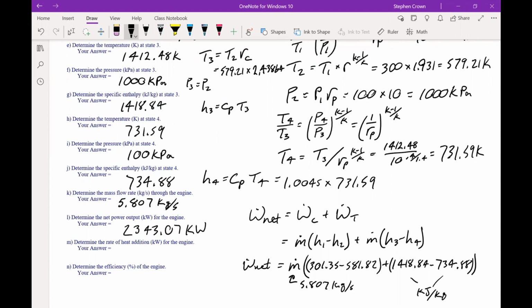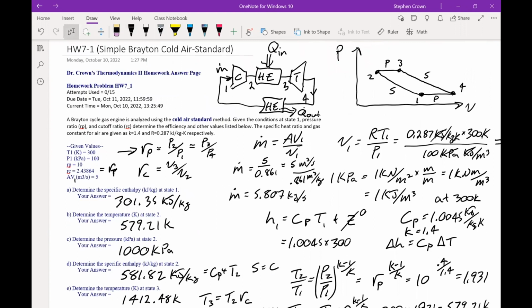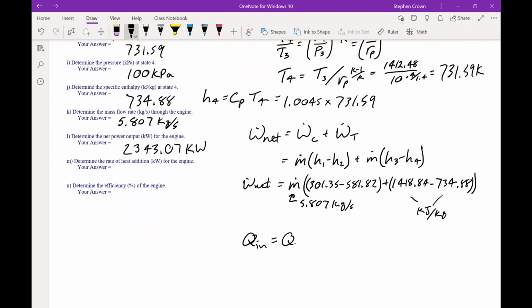And then the heat addition is simply m dot times H3 minus H2. The other processes are isentropic, and then process 4-1 is Q out. So that's the only heat addition process.